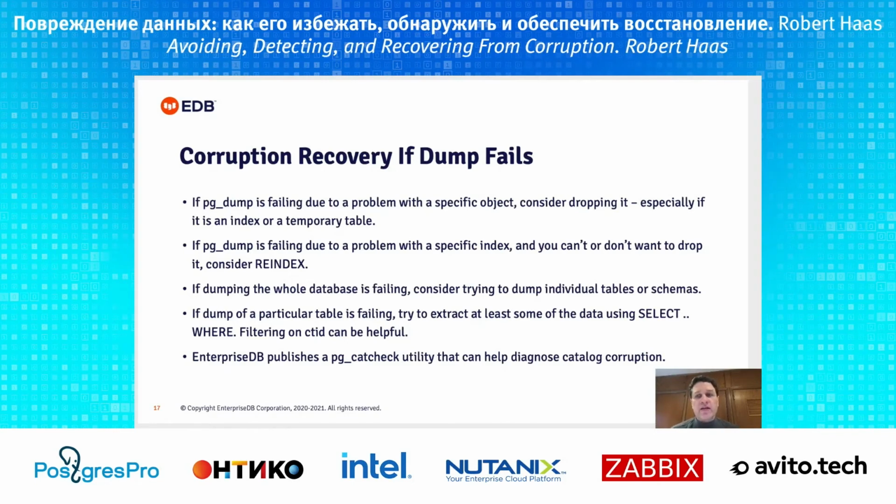One other thing that I can recommend if you are having trouble getting pg_dump to work on a database that is running is to use a utility that EnterpriseDB publishes called pg_catcheck. This is a little open source tool that we have up on our GitHub, and it's useful for diagnosing catalog corruption because it will run through all of your system catalogs and look for stuff that seems to be messed up, and it will print out a bunch of messages that will tell you about exactly how things do not seem to be correct.